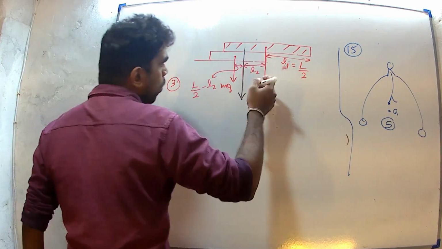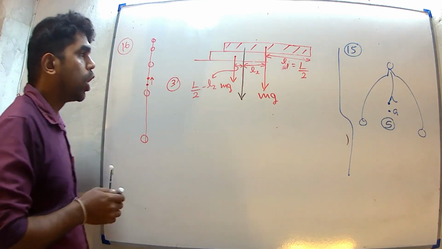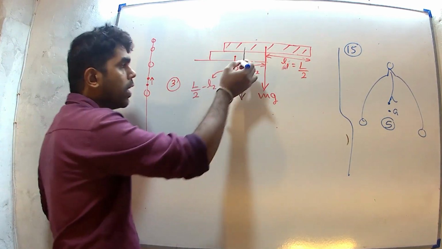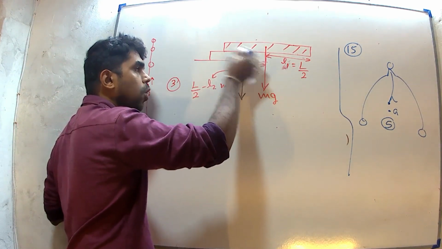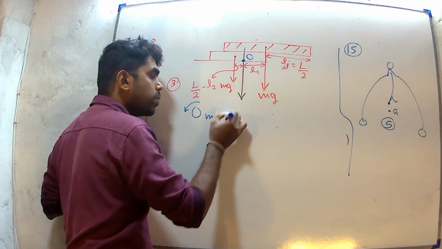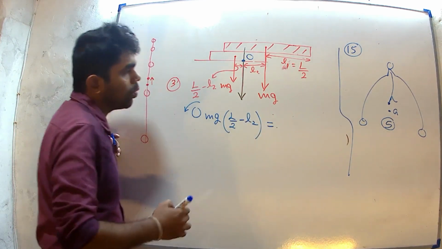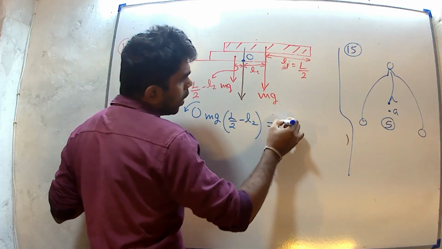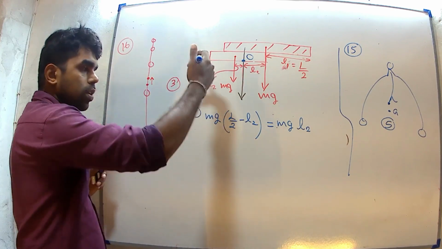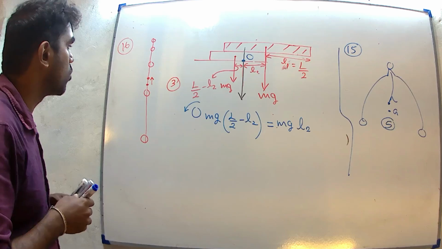And this weight is also mg. Now we can consider the torque of the system around this point O. Torque around point O: mg into L over 2 minus L2 should equal mg into L2. Counterclockwise torque equals clockwise torque for the equilibrium of the system.